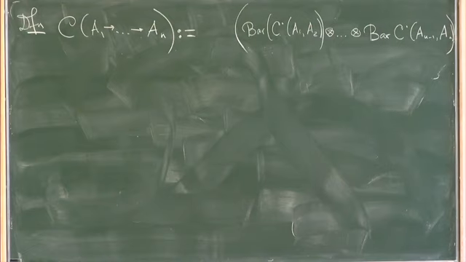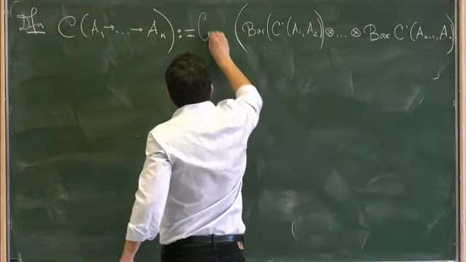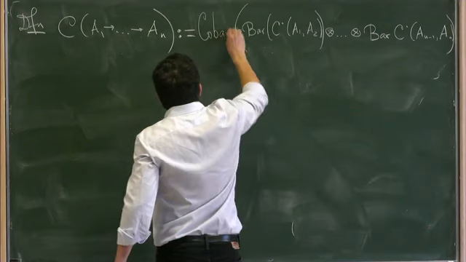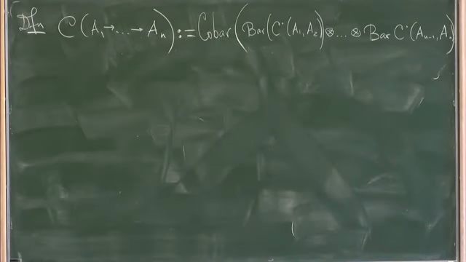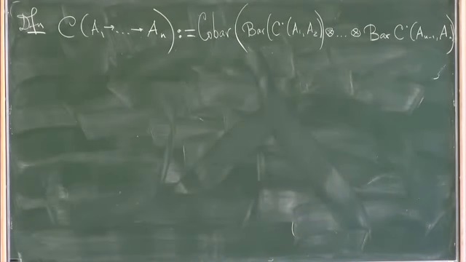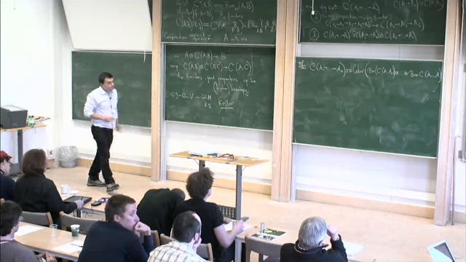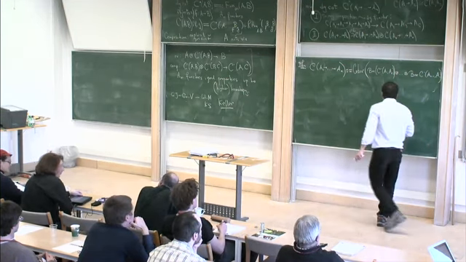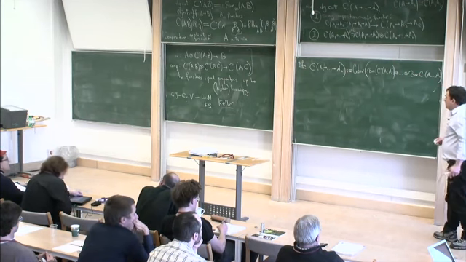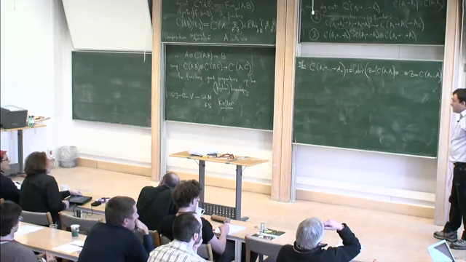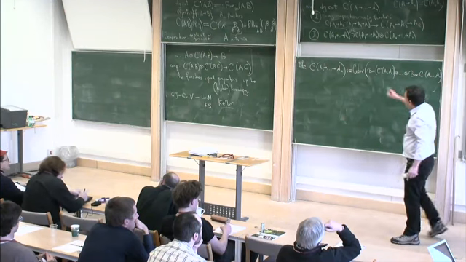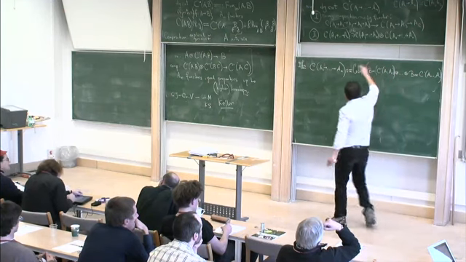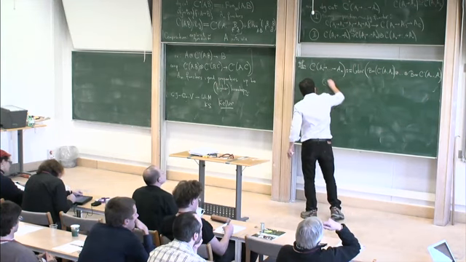Now they are all DG co-categories. Tensor them, it's another DG co-category, and then take the cobar construction of that. That's it. That's the definition. One has to define those operations, number 1 and number 2.